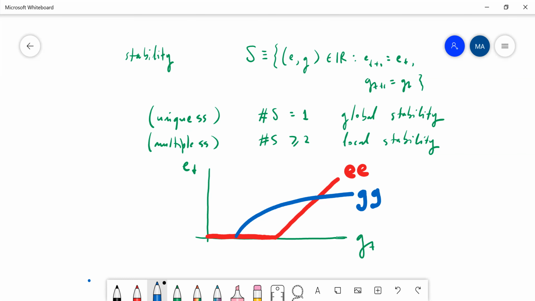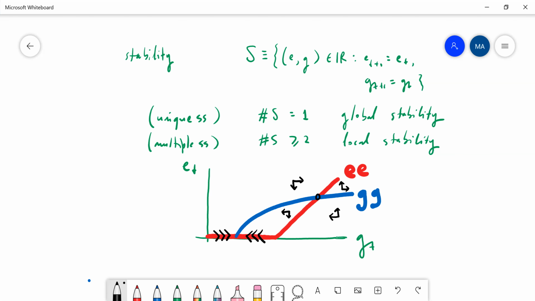So here, obviously, you have E equals 0, and this steady state you will find stable. And for this other steady state, I will explain in a moment, you will find a saddle-like system.